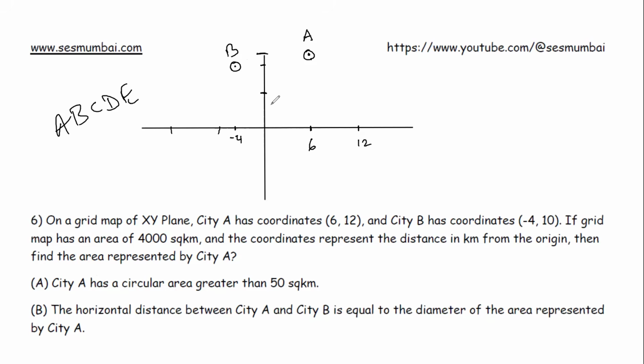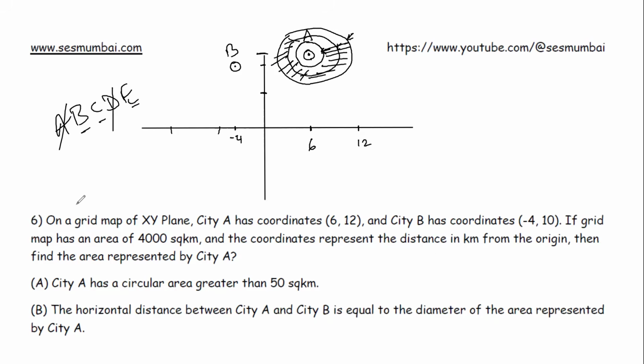We know that if this is equal to 50, then it's greater than 50, but we don't know how much greater. So A doesn't answer. D doesn't answer. It's either B, C, or E.